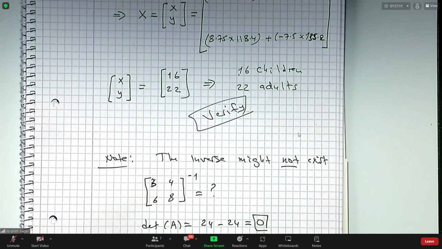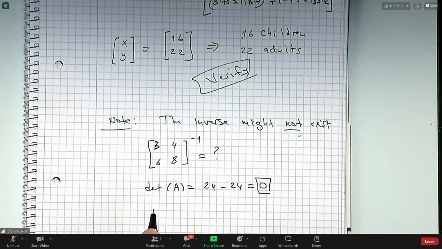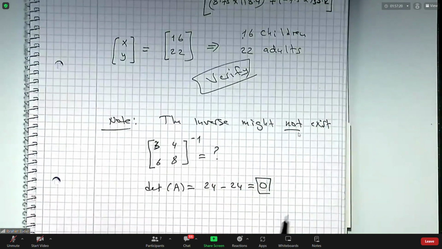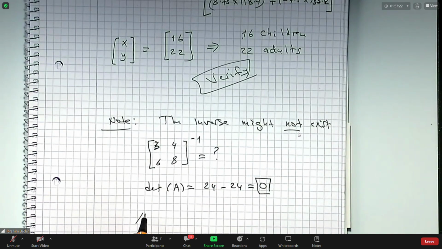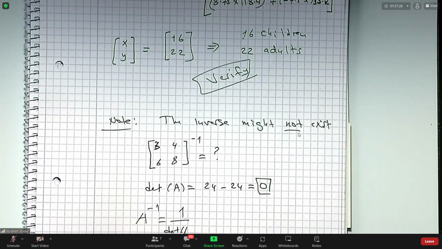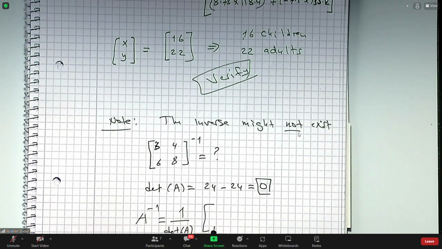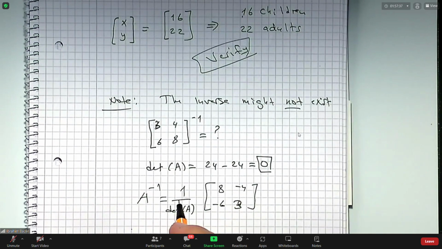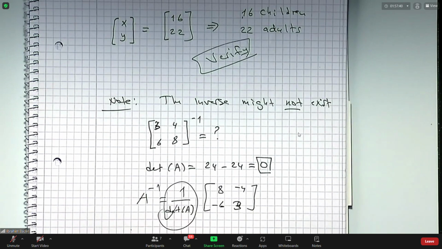So notice that if you want to apply this rule, you will be switching these two positions. So according to this, A inverse is going to be 1 over the determinant of A. And then here you just switch 8, negative 4, negative 6, and 3. Okay? But here you will be having 1 over 0, which is a problem, okay?